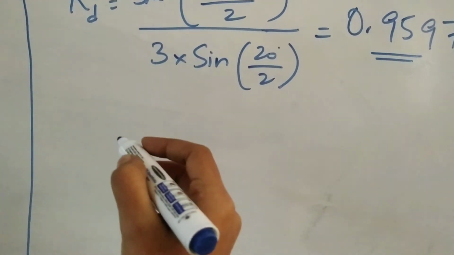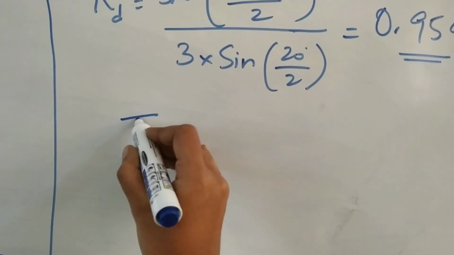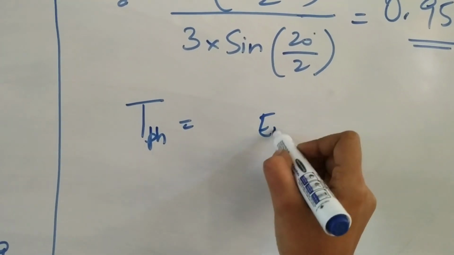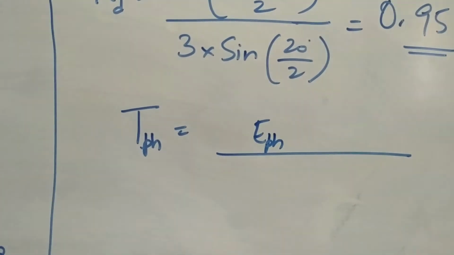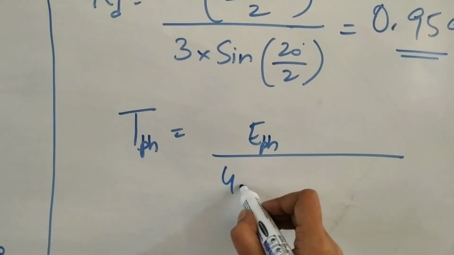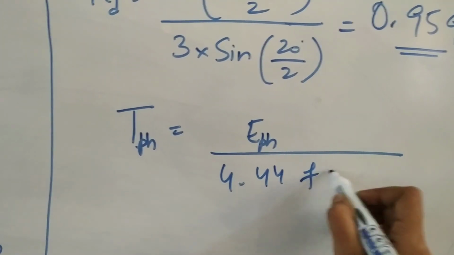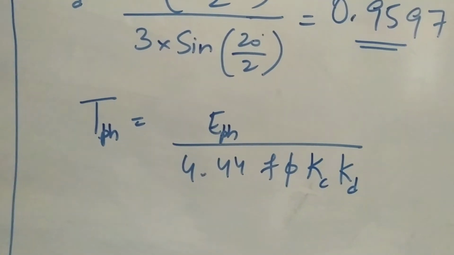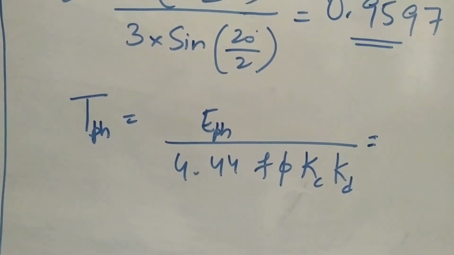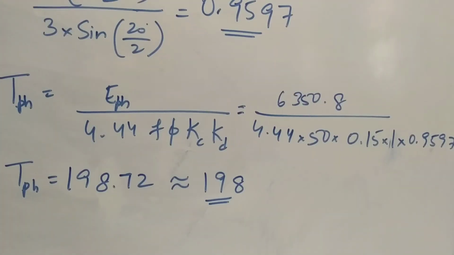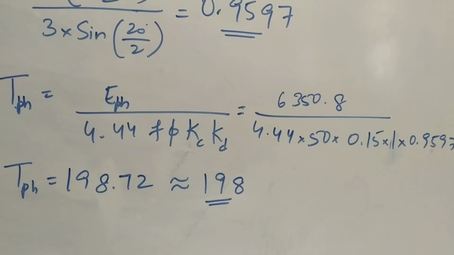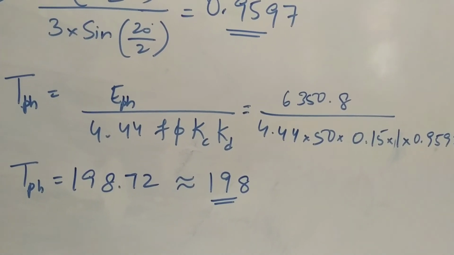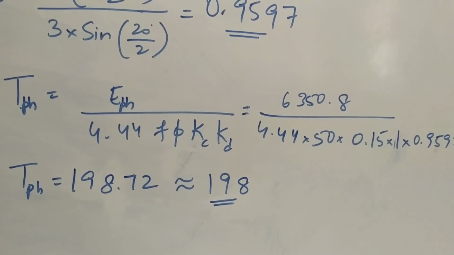Now we can find out the turns per phase. Recall the EMF equation, from which you can write T phase is equal to E phase divided by 4.44 F psi Kc Kd. After substituting these values, we get the turns per phase as 198.72, which is approximately 198 turns.